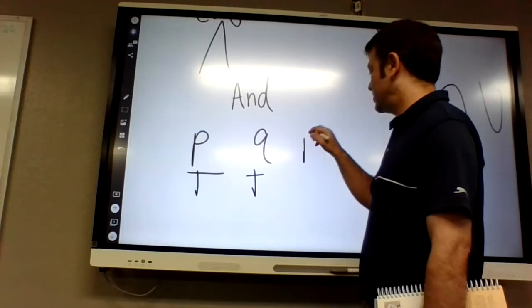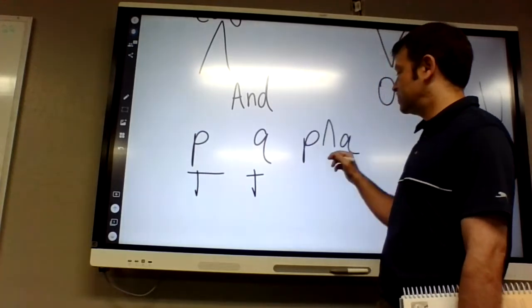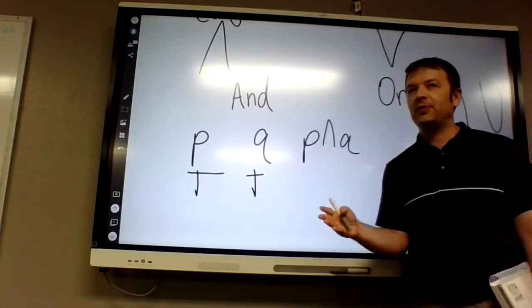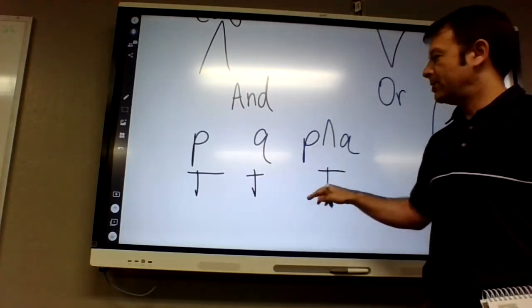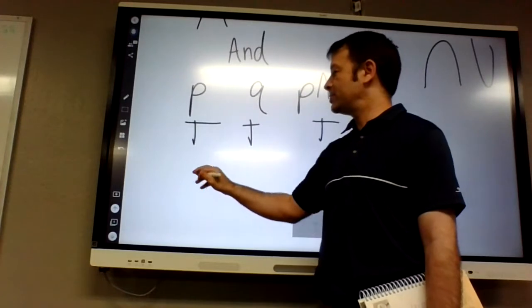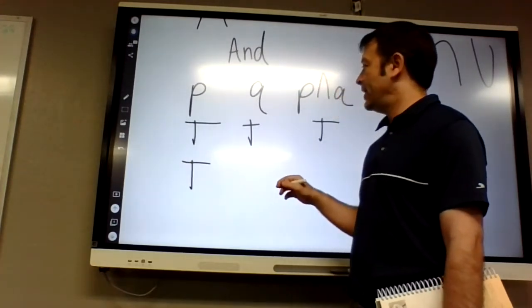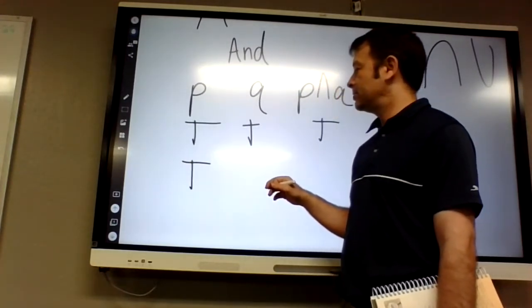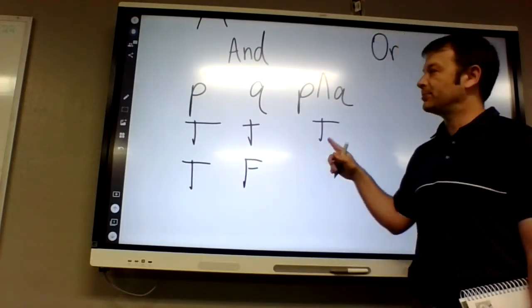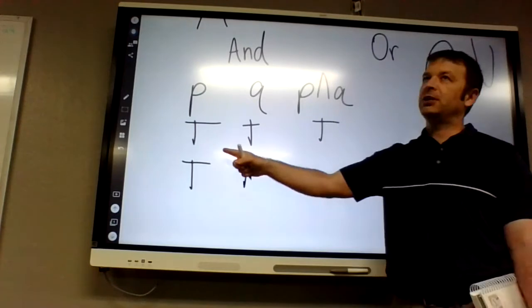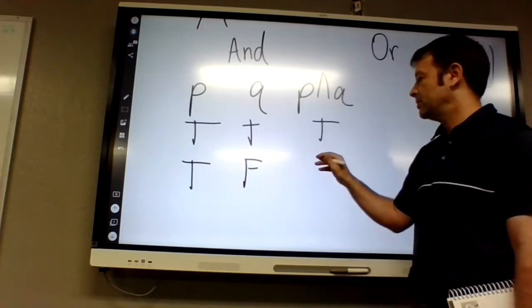So if I say P and Q, is that going to be true? You guys are freshmen and in geometry. Is that a true statement? Yes. Okay, what if I say you guys are freshmen? True. And you are in algebra? False. Is it true or false when I say an and in there? You guys are freshmen and in algebra. That's false.